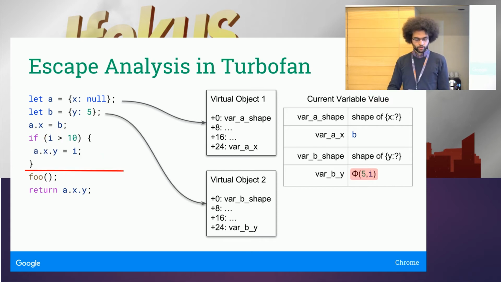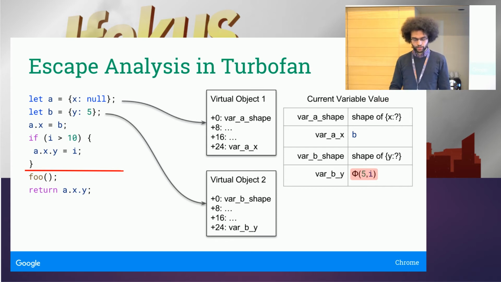And now we have a control flow merge, where we introduce a phi node. It was really helpful to structure it like that, to have this abstraction of local variables. In our previous implementation, we didn't have that, and it was confusing.